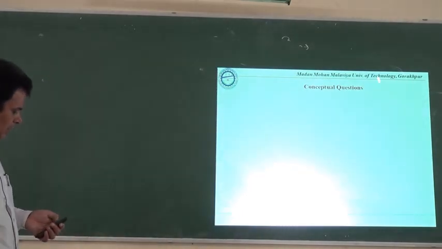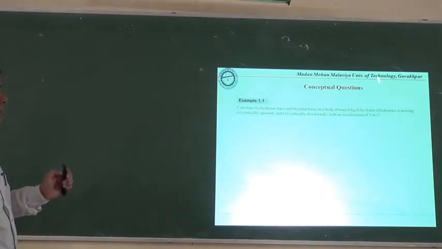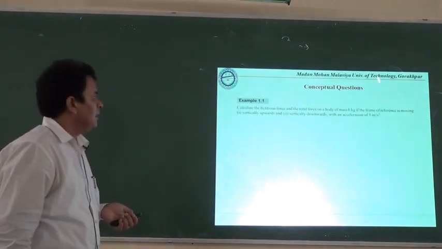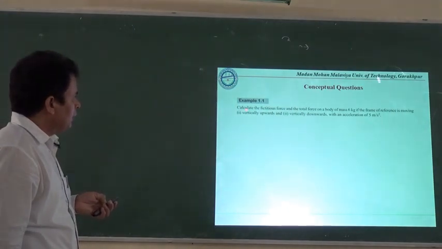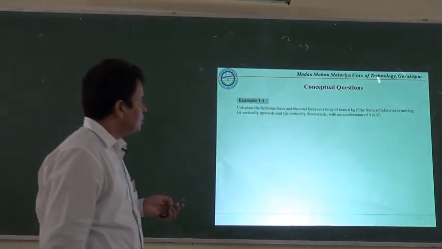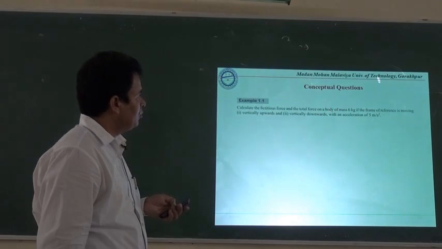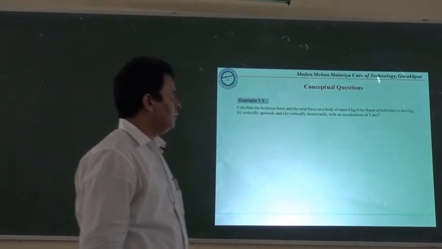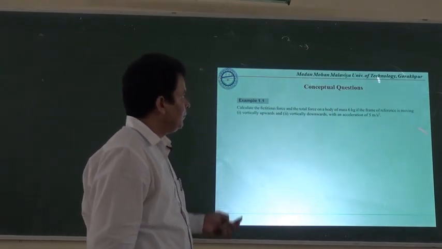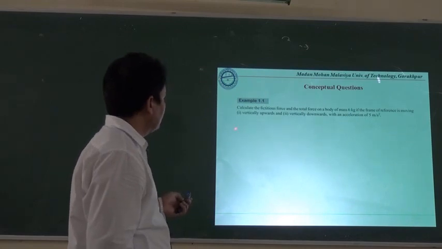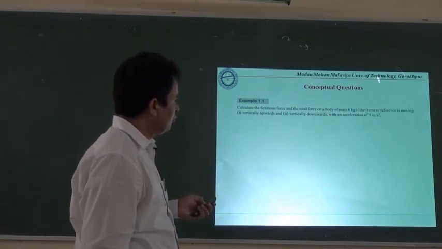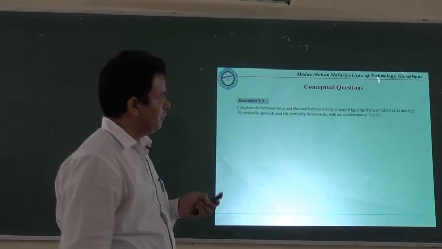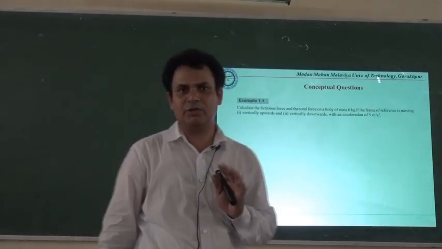So in order to have that conceptual question, we have this problem: calculate the fictitious force and the total force on a body of mass m if the frame of reference is moving vertically upward and vertically downward with an acceleration of 5 meters per second squared.